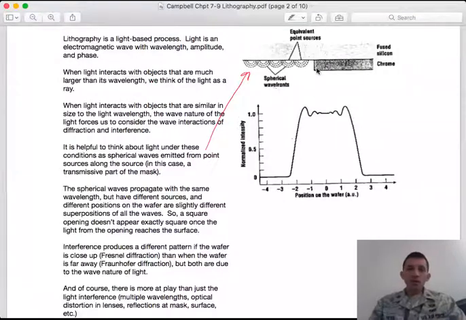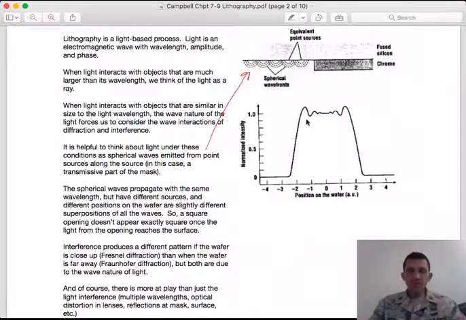As I go the other way, where the opening gets smaller, or the wavelength gets larger, then the distortion becomes more apparent because I have fewer emitters that are adding constructively. And so I see more variation as fewer emitters are interfering with each other.